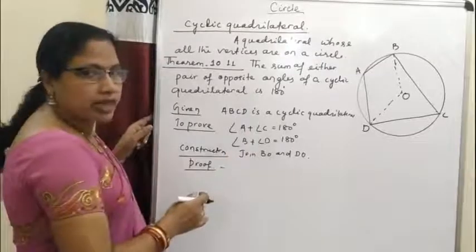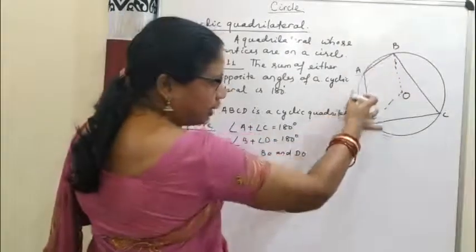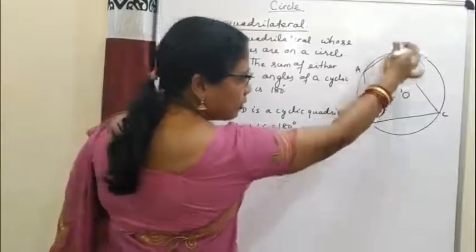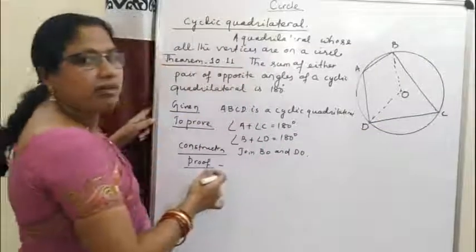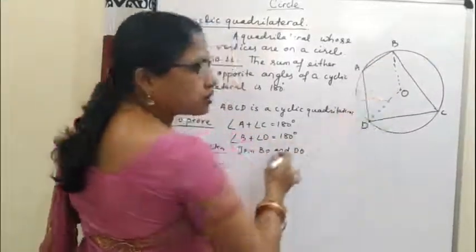Then proof. So here in this diagram, look at the diagram. BAD is a minor arc and BCD is a major arc. First you consider BAD is the minor arc.